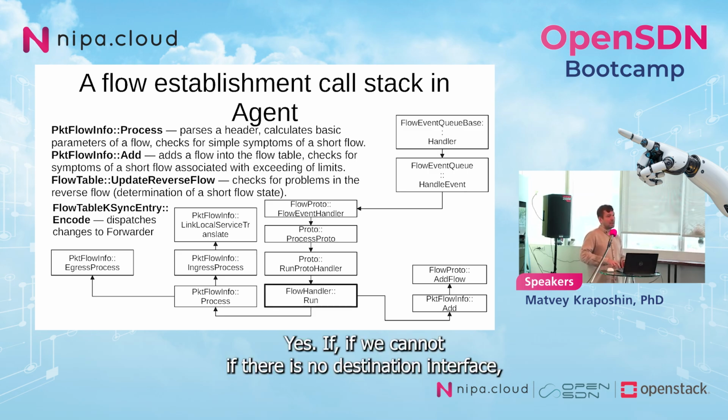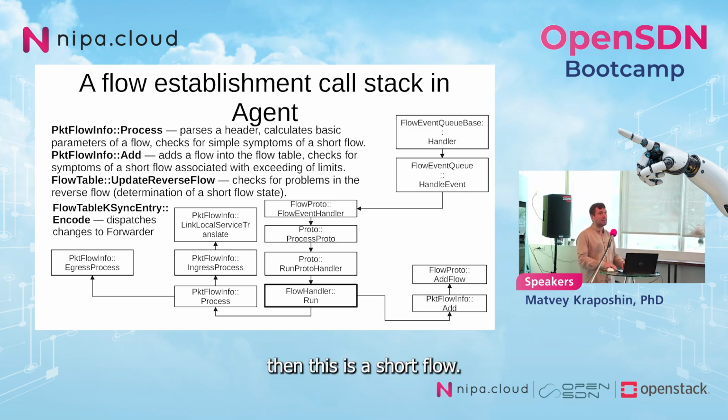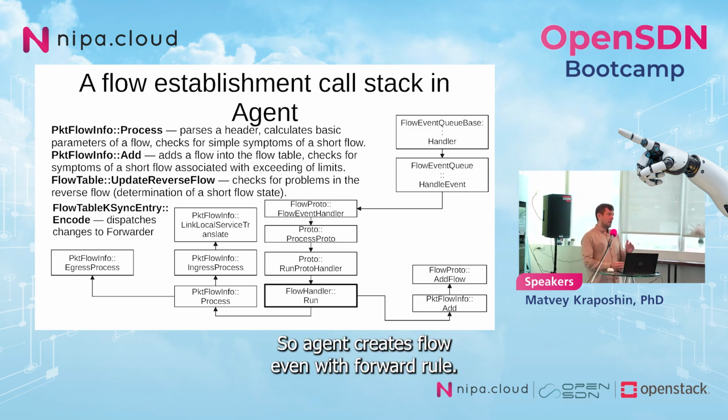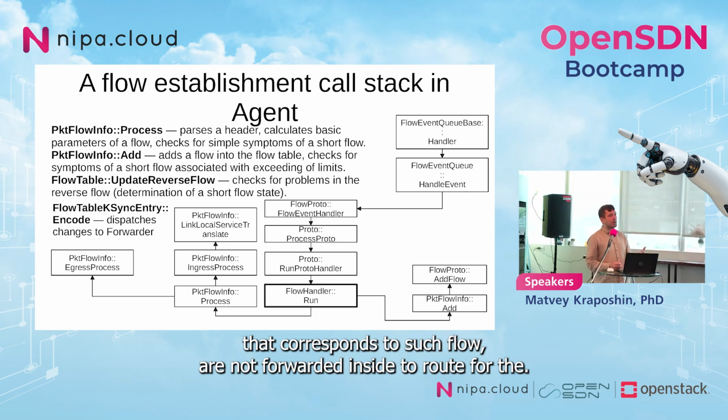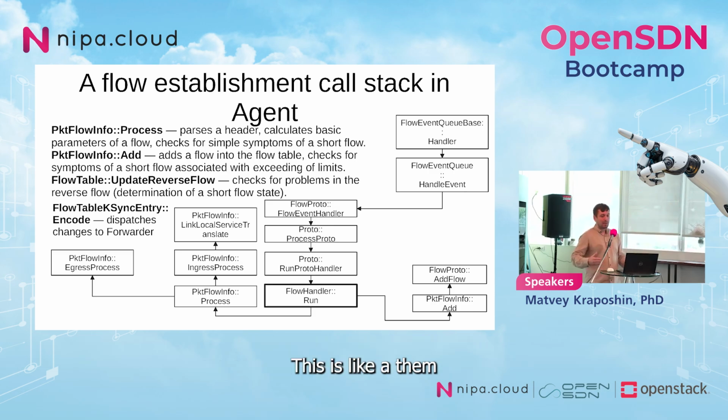If there is no destination interface, then this is a short flow. So agent creates flow, even with forward rule, but it says short flow. And the packets that correspond to such flow are not forwarded inside the router forwarder. This is like a DROP.